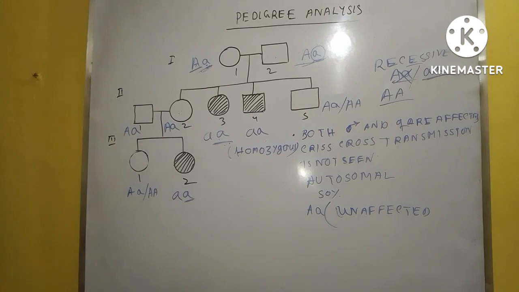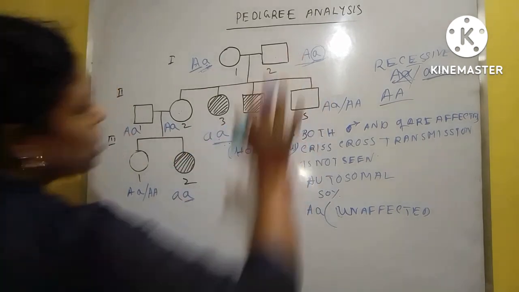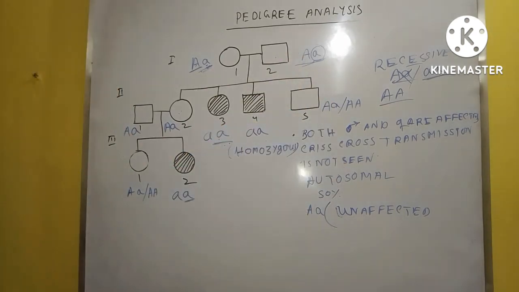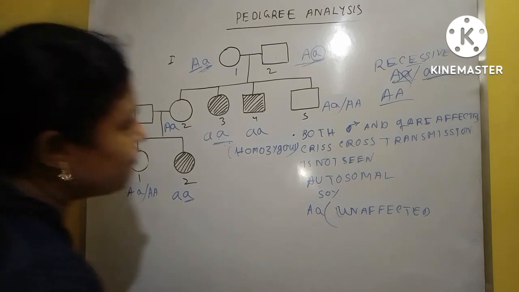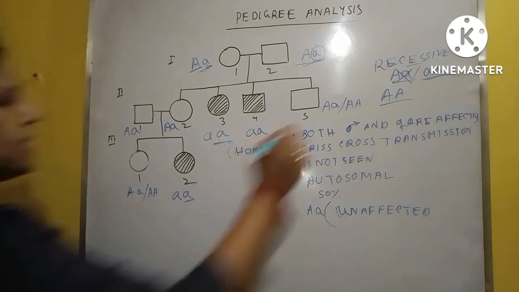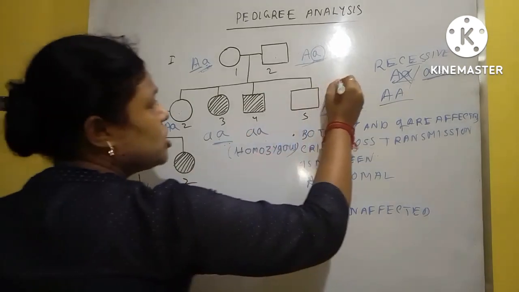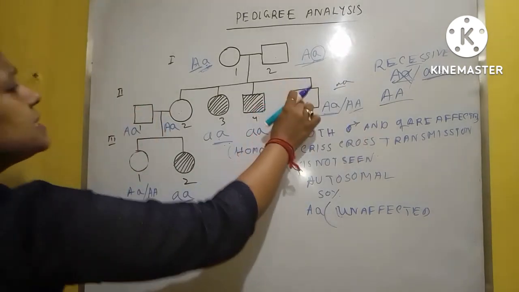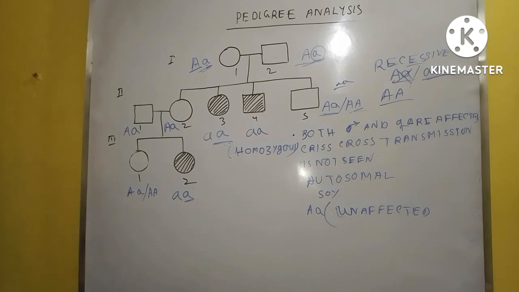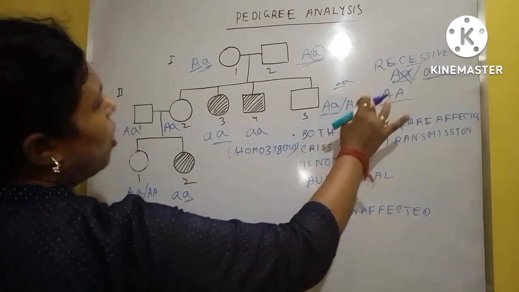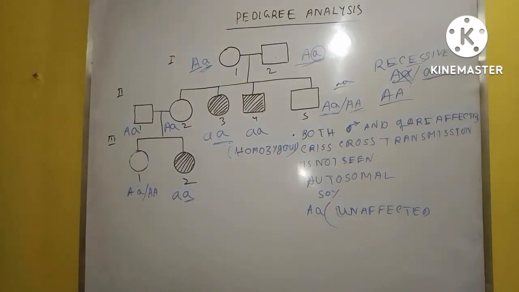Here its next generation is not seen, so we cannot say confidently whether it is AA or Aa. It is not small aa, because then it would be diseased. So it is either AA or Aa, capital A, homozygous or heterozygous.